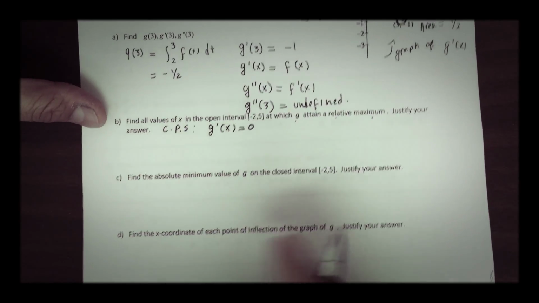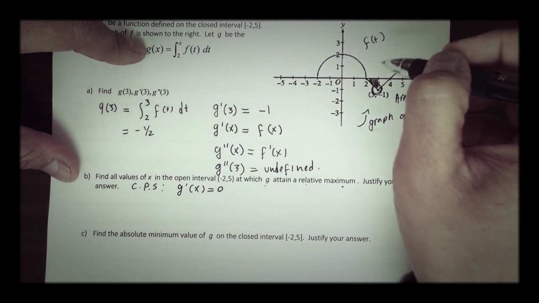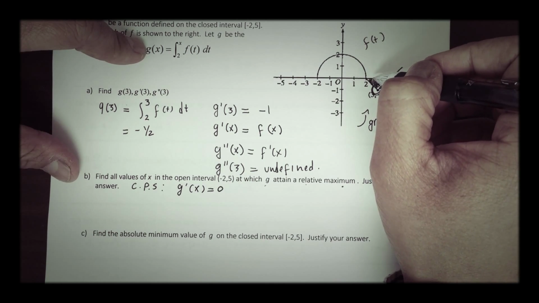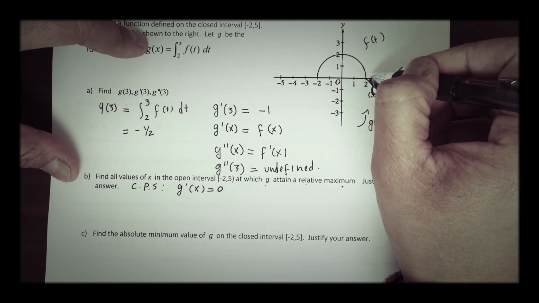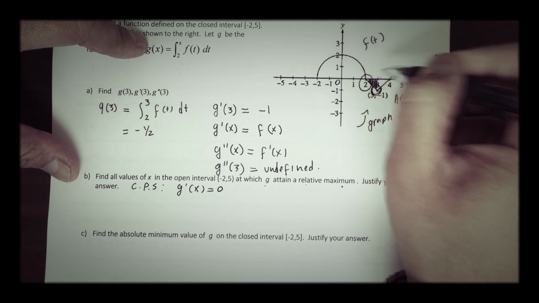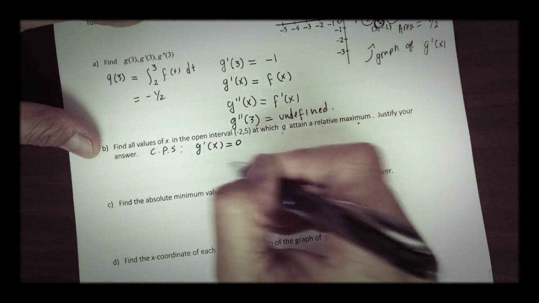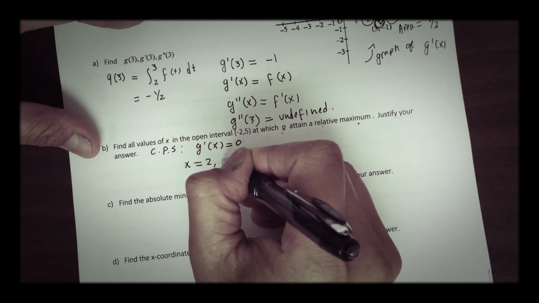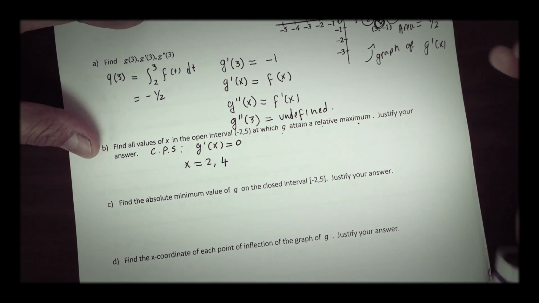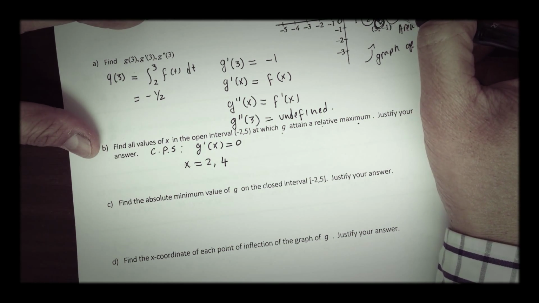Those are critical points. So this is the graph of g prime. So where does g prime equal 0 or undefined? G prime equals 0 at 2 and also at 4. Okay. So critical points are at x equals 2 and x equals 4. 2 is a critical point because it touches 0, and so is 4.